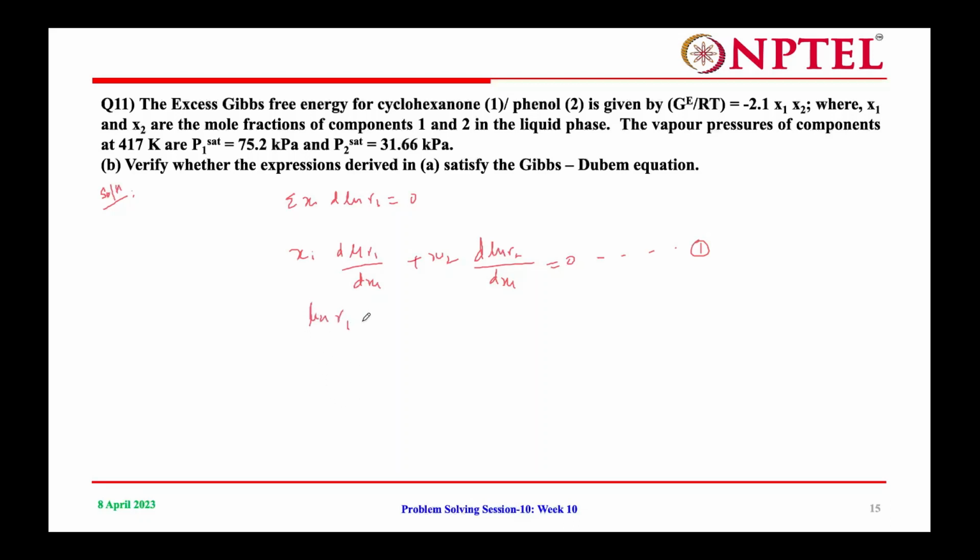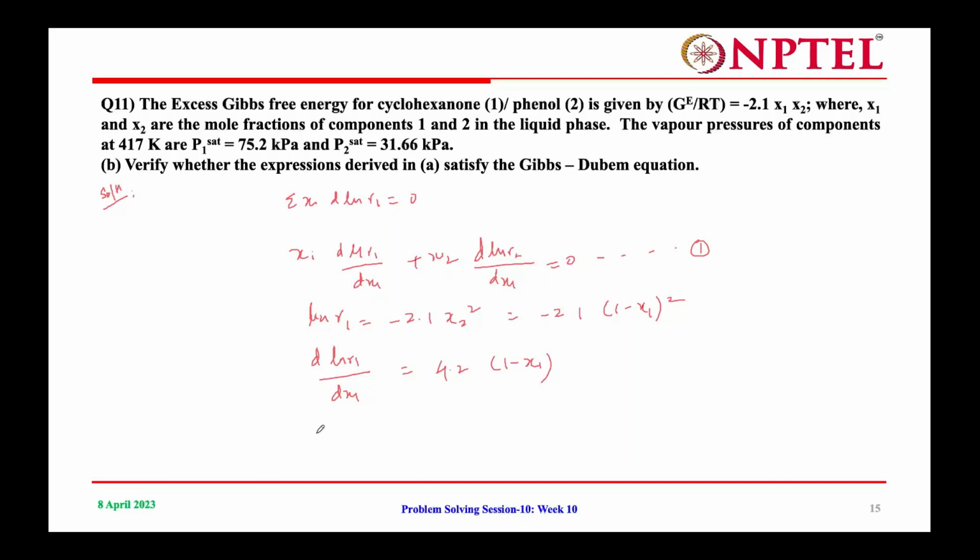ln gamma 1 derived is minus 2.1 x2 squared, that is, 2.1 times (1 minus x1) squared. Now differentiate with d x1: 4.2 times (1 minus x1), right?